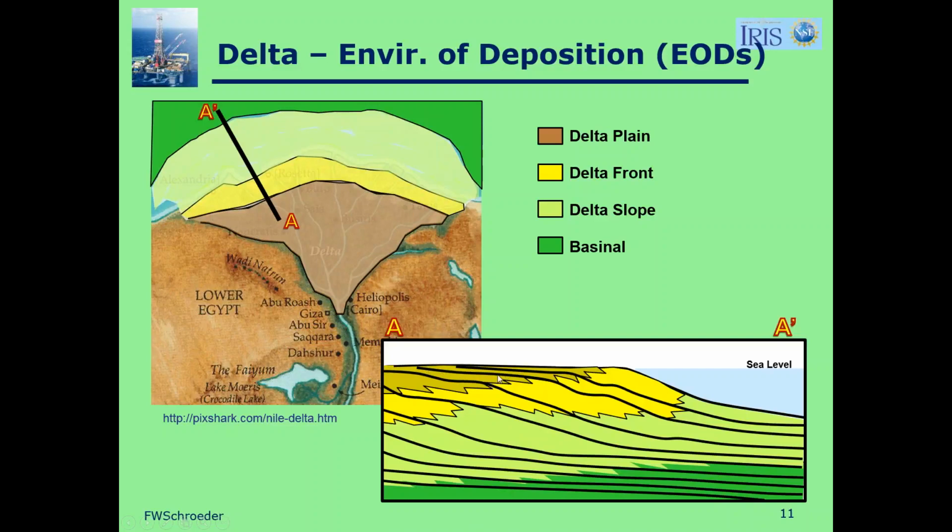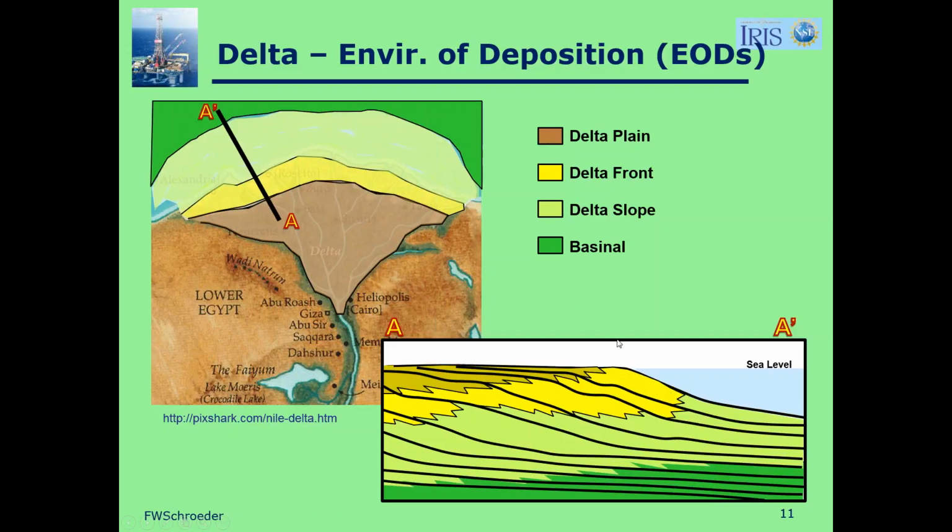So this is up dip for the Nile river system. That would be to the south, and then this would be to the north where the Mediterranean is. And you can see these different facies bands, the delta plain, the delta front, the delta slope, and the basinal. And as time progresses and the river builds further and further out into the sea, we see a time transgressive movement of these different facies belts.